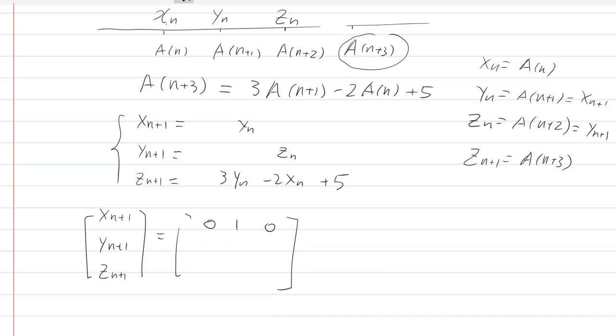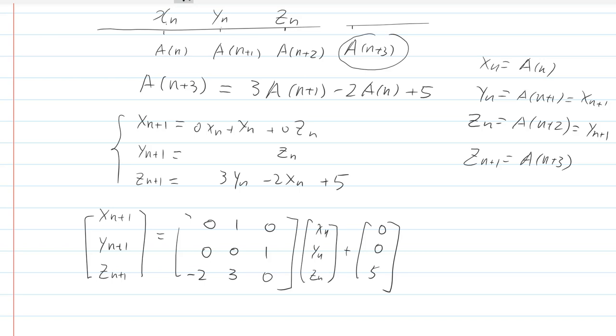That's because you have 0 times x_n plus 1 times y_n plus 0 times z_n, right? And then for the second one, you're going to have 0, 0, 1. Last one, you have negative 2, 3, and 0. And then you have x_n, y_n, and z_n. Okay? And plus 0, 0, 5. And that would be the matrix form.